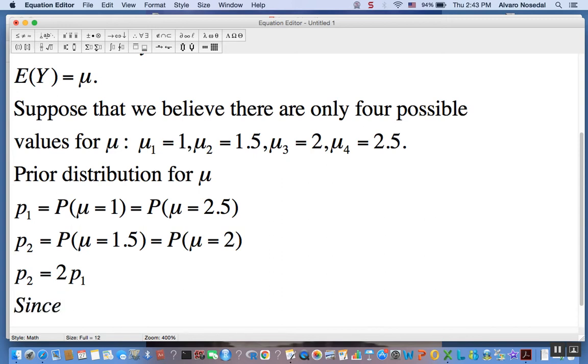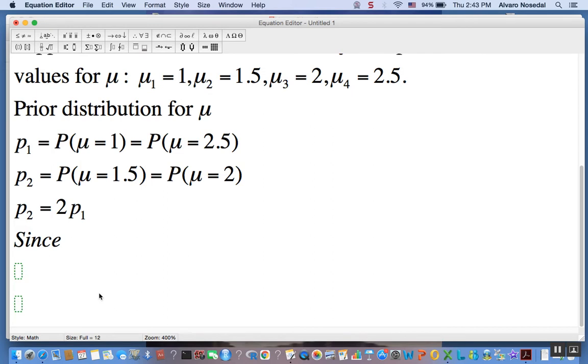Okay, so we know from STA360 properties of probability distributions that the sum of these probabilities should be equal to 1, right? So we have 1 p1 for mu1 and we have 1 p1 for mu4.